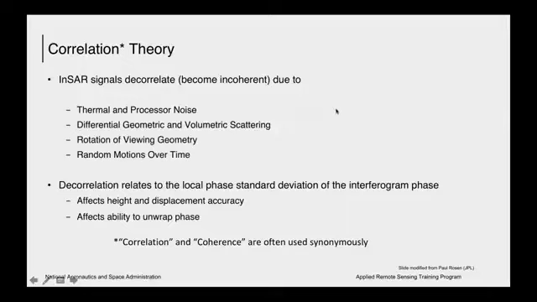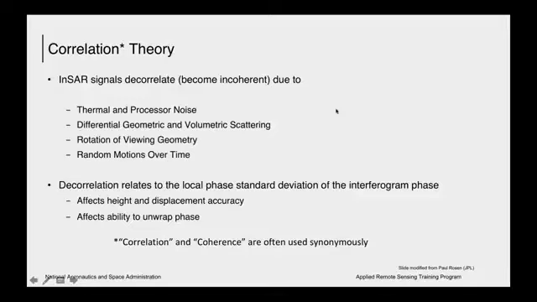And InSAR signals can be decorrelated or become incoherent due to a number of effects. Generally, it's due to changes on the ground, which is the category here of random motions over time. If the things that were reflecting the radar on the ground change drastically, then that pixel will become incoherent, and the phase will be randomized and become pure noise.